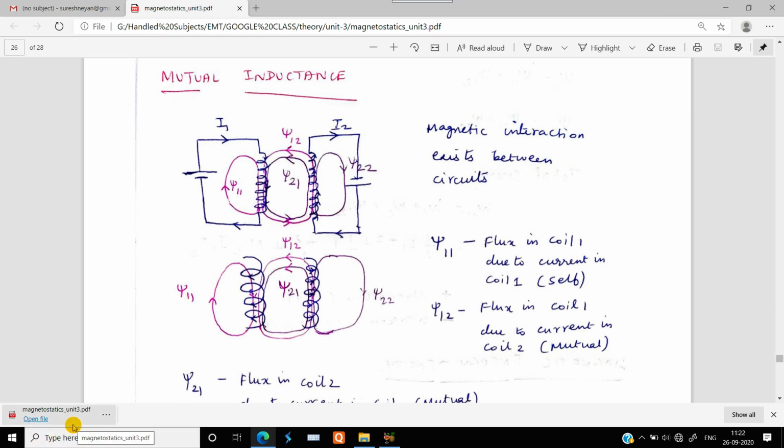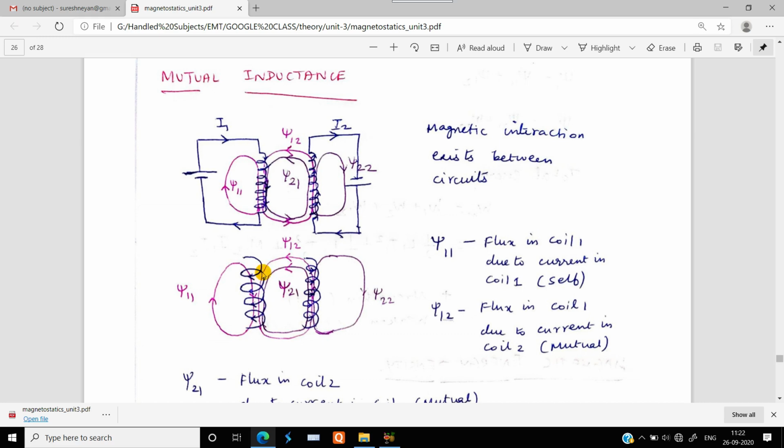So here we are having the mutual inductance of these two linkages. We are having this particular linkage of two fluxes. Here the current is going to flow in this particular direction. Due to the presence of the current in this direction, the current is flowing into the coils in these directions.